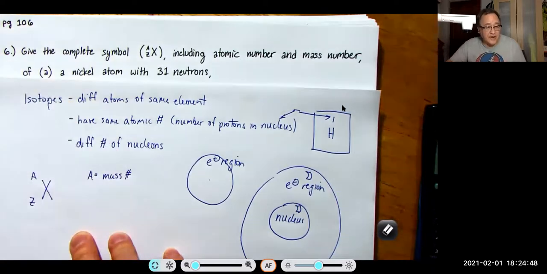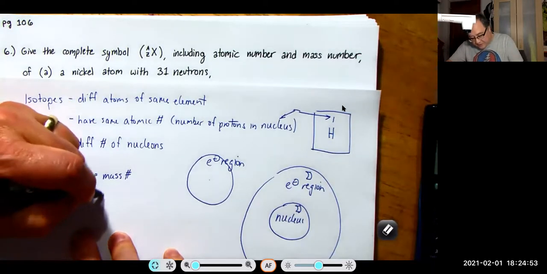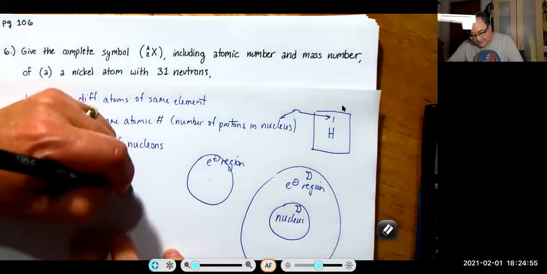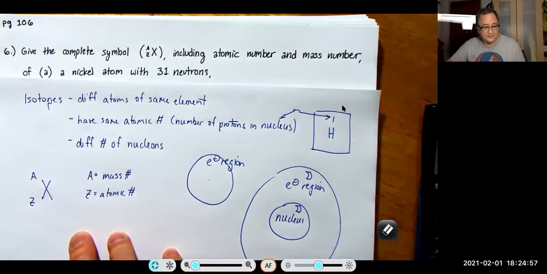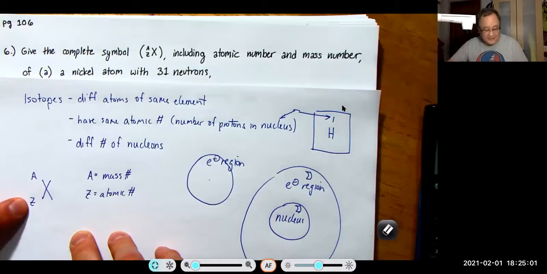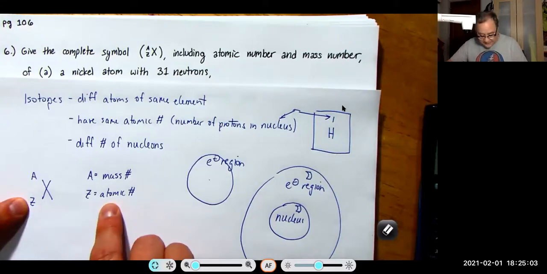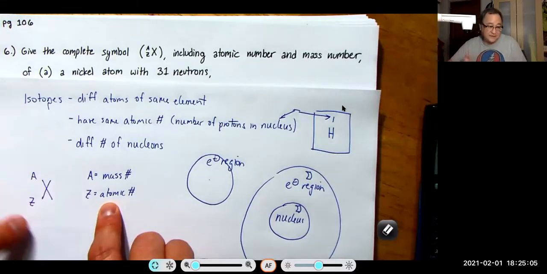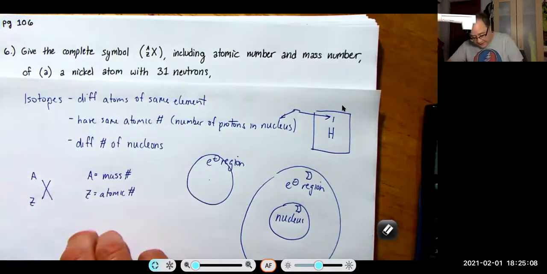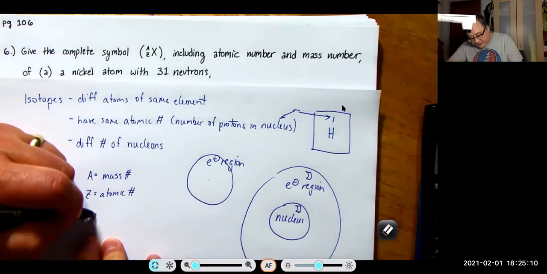That's the number of nucleons. Z is the atomic number. That's the number of protons. It seems quite backwards that Z is the atomic number and it doesn't have the symbol A, right? But that's something we just have to live with. And X is the symbol of the element.